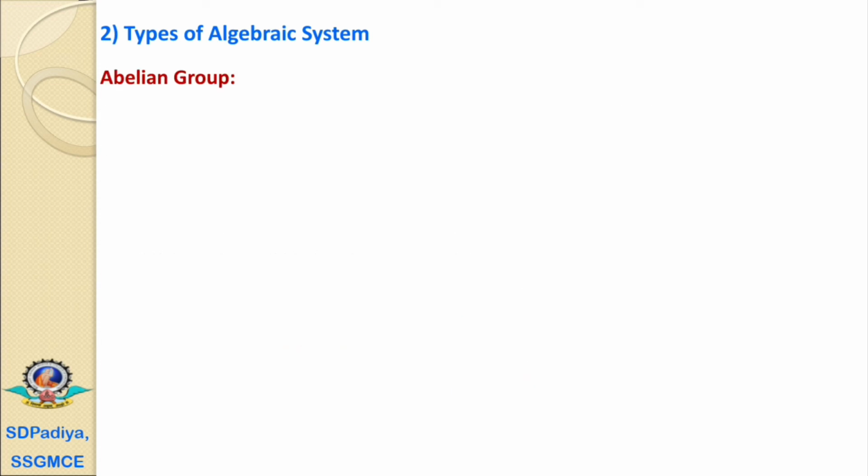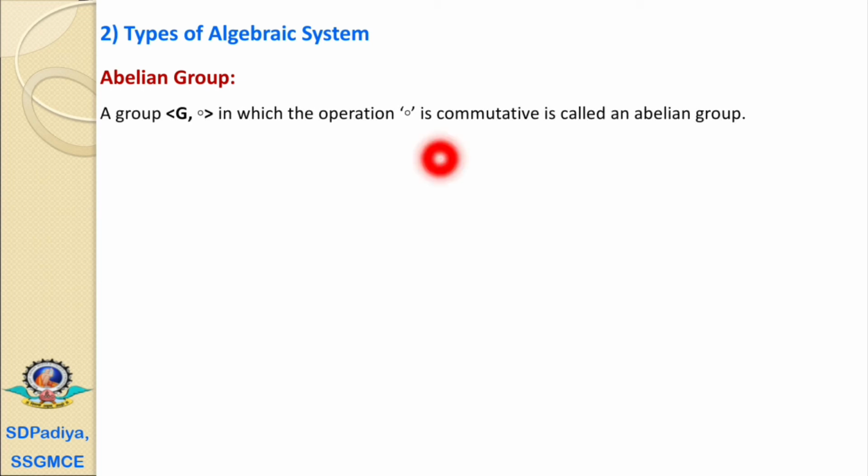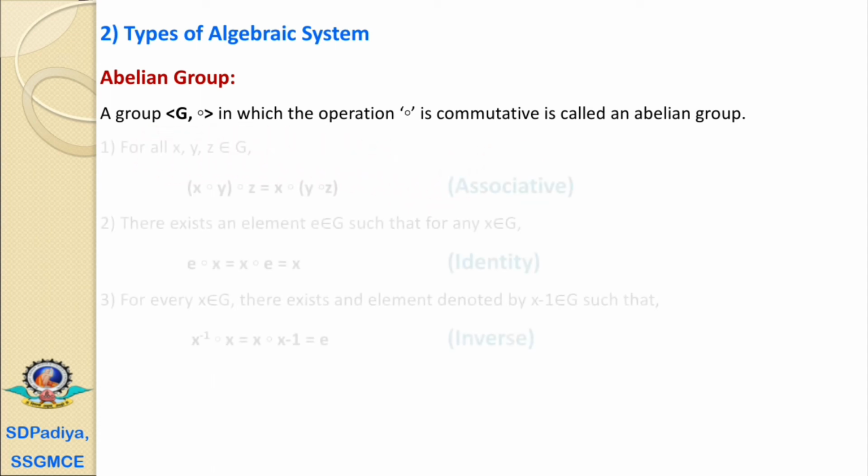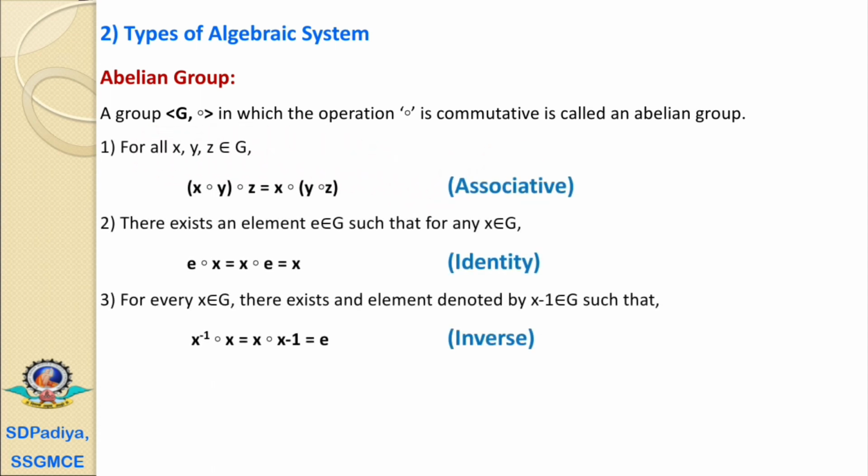The fourth type is abelian group. A group in which the operation composition is commutative is called an abelian group. A group is already associative, has the identity element and has the inverse element, but additionally if it is commutative, then we call it an abelian group.